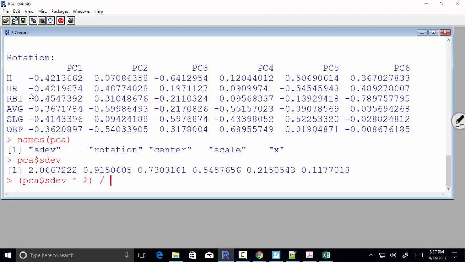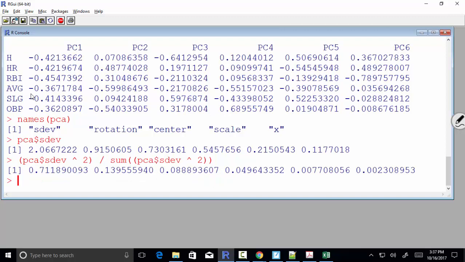And now let's divide by the summed eigenvalues. So let's do the sum of pca$sdev squared. This is just each eigenvalue divided by the sum of the eigenvalues. These are the proportions of variance explained.